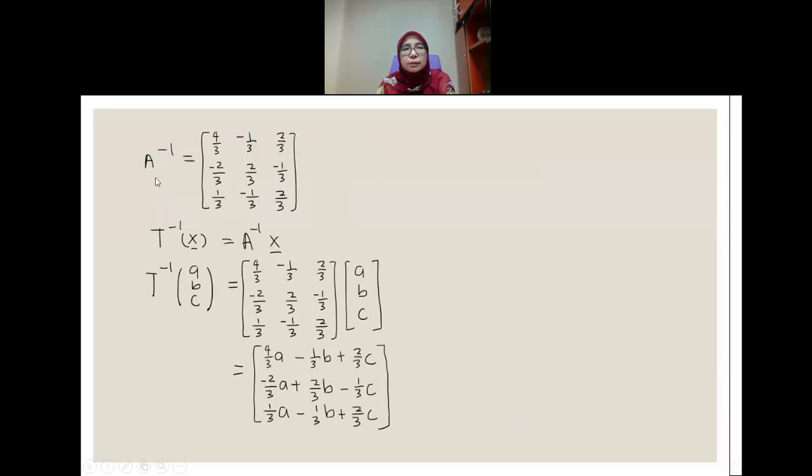So A inverse is this matrix, and then apply this equation: T inverse of vector X equals A inverse times vector X. Here vector X is a, b, c, the three components. We plug in A inverse, multiply these two matrices, and the end result is the matrix of T inverse.